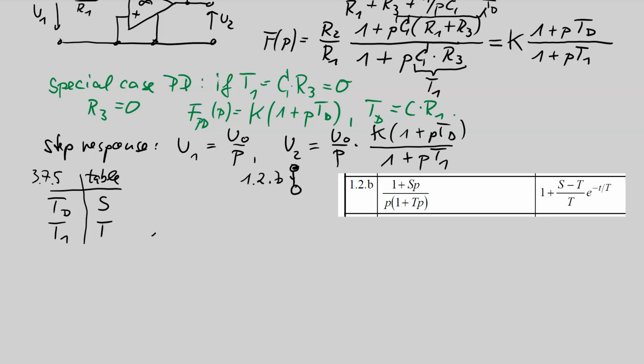And then with this knowledge we can just write down the step response time function, which is a prefactor multiplied with this function. This function is 1 plus (Td minus T1) divided by T1, multiplied with e to the power of minus t divided by T1, parenthesis closed.